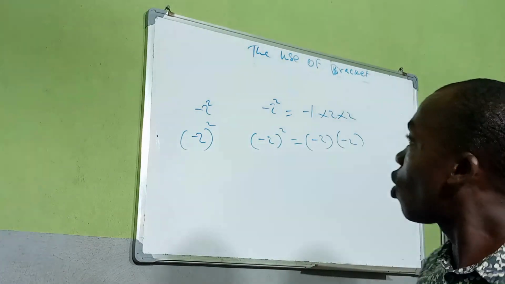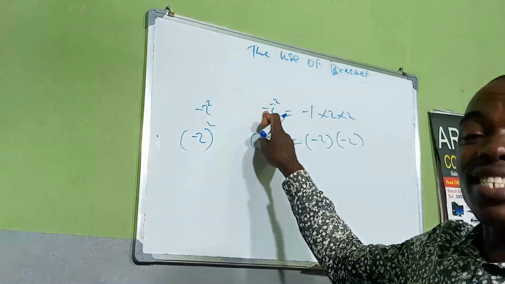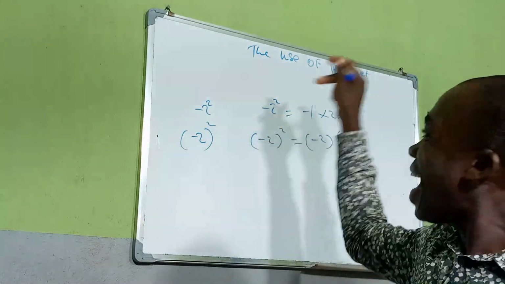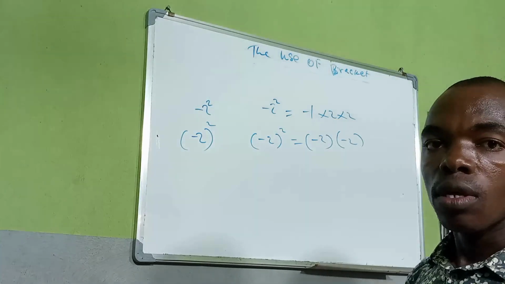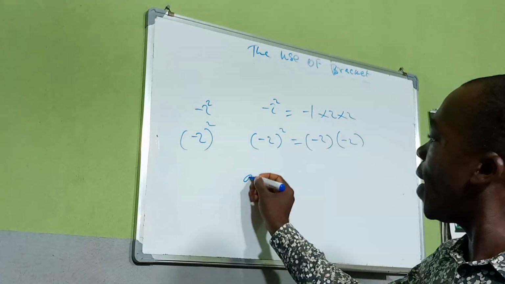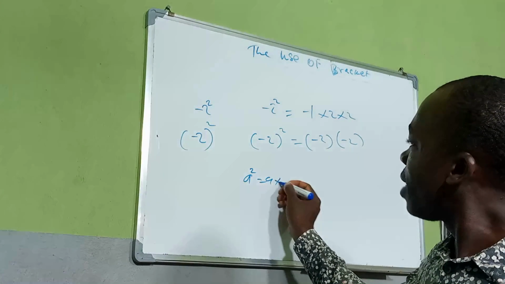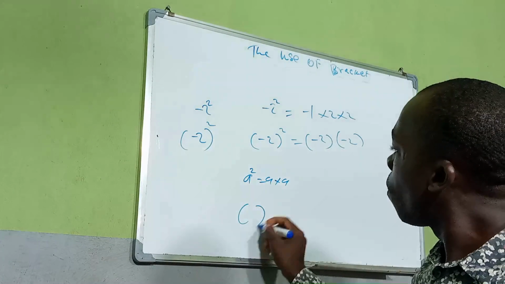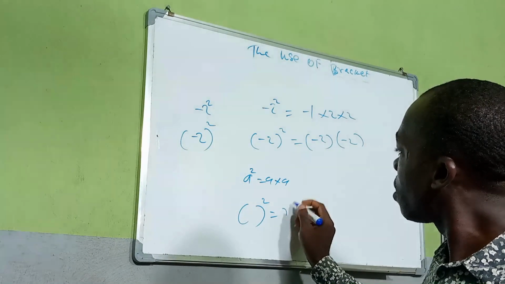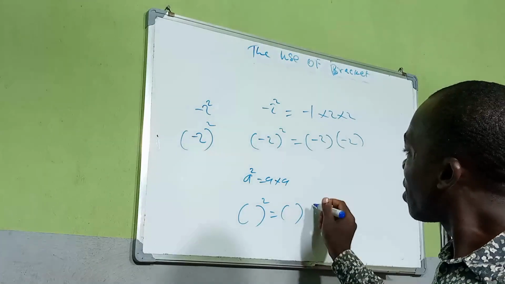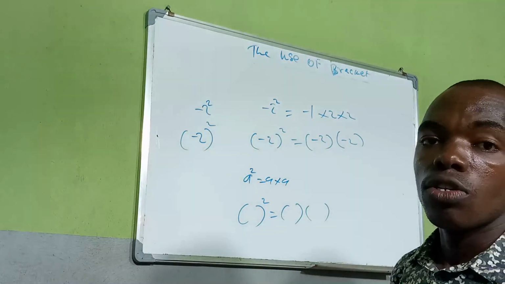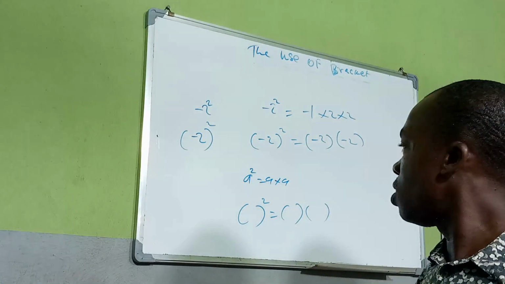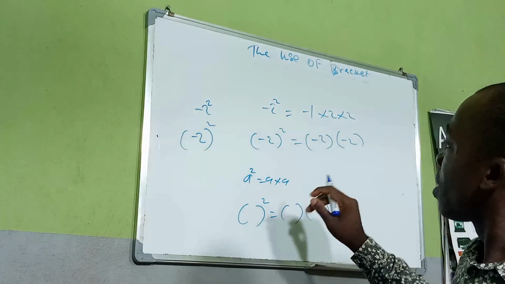Because this minus here means minus 1 times this 2 carrying this power. It's just like when we say a raised to power 2, it means a times a. So this bracket raised to power 2 means this bracket times this bracket. Do you get? So there is not much about this. It's very simple. So that is what we use here.